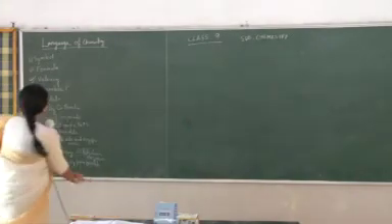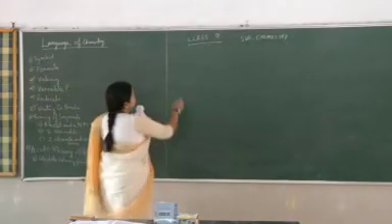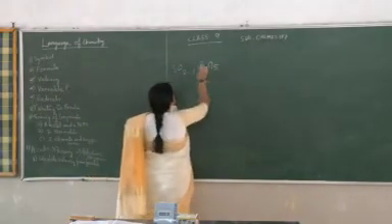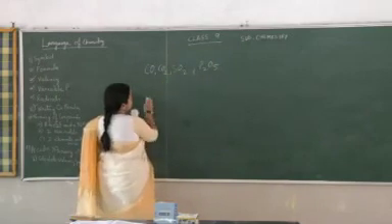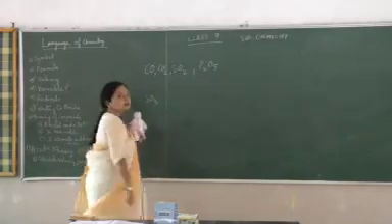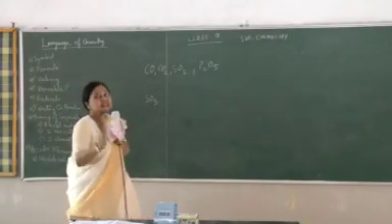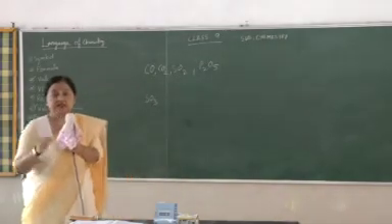Next is when two non-metals, both are non-metals, like say SO2, P2O5, CO, CO2, SO3, etc. How do we name these? The terms mono, di, tri, tetra, penta are used.